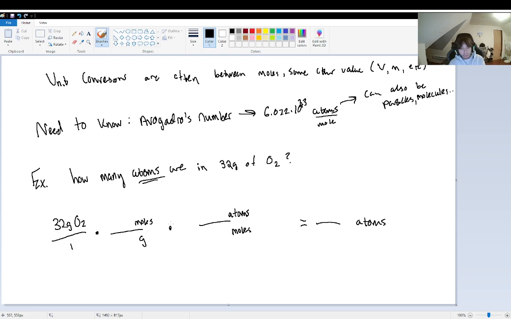Now I have to think about what numbers I can put in here. This number is molar mass. Our molar mass of oxygen is 16 grams per mole O times 2, because we have 2 oxygen atoms, is 32 grams per mole. Then I want to know how many atoms are in 1 mole of oxygen. This is just Avogadro's number.